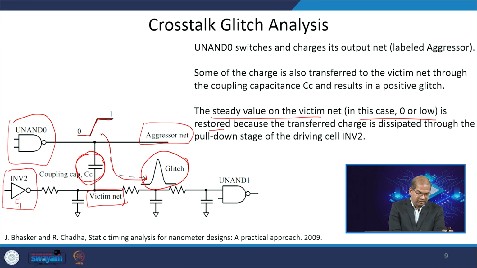The pull down network is pulling it to the ground, and this glitch is coming from the aggressor net. If the pull down network is stronger, then it will dissipate the glitch.